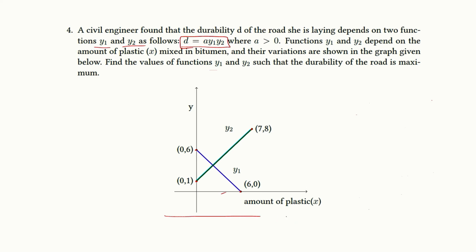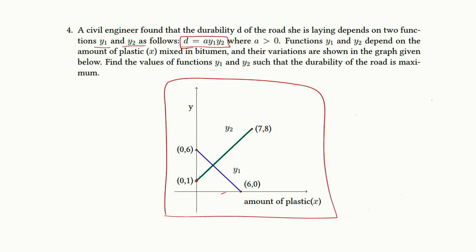This is the graph we were given, and y1 and y2 are these two lines, where y1 passes through (0, 6) and (6, 0), and y2 passes through (0, 1) and (7, 8). We have to find the values of y1 and y2 such that the durability of the road is maximum.